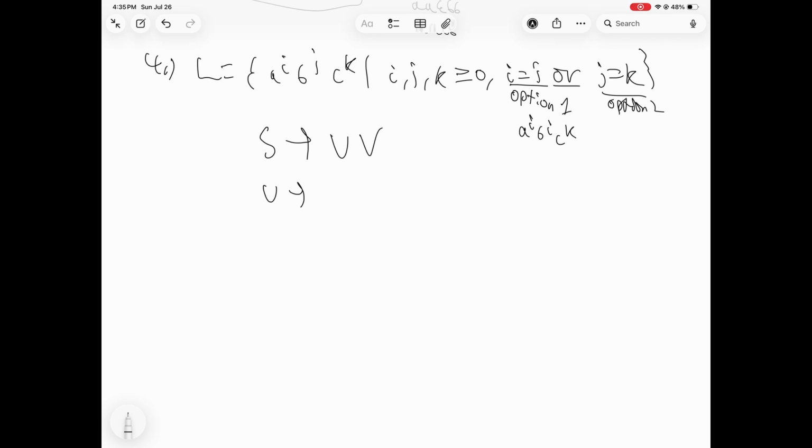And option 2 would be a to the I, b to the k, c to the k. That'd be roughly the same thing. Could switch the variables around. But option 1, a to the I, b to the I, c to the k. We sort of see these natural groups start to form.